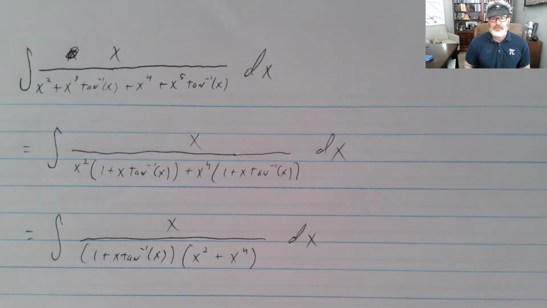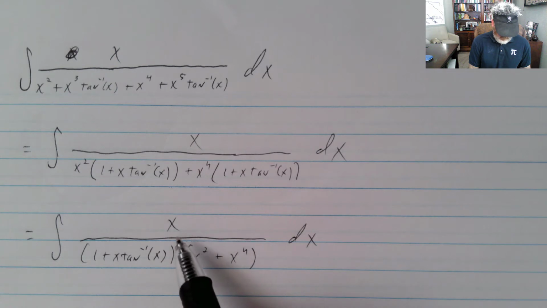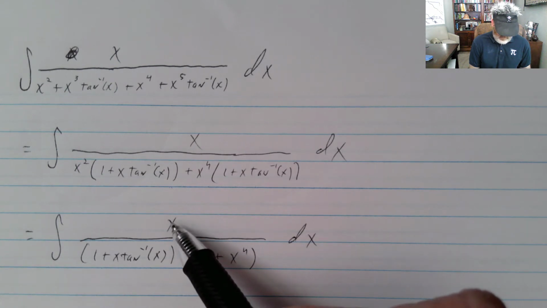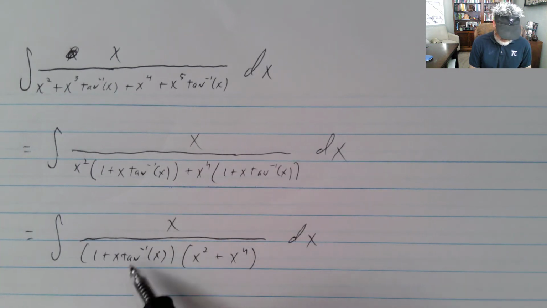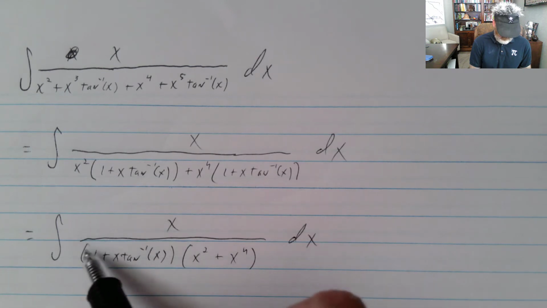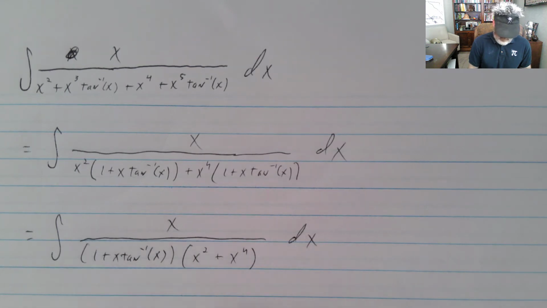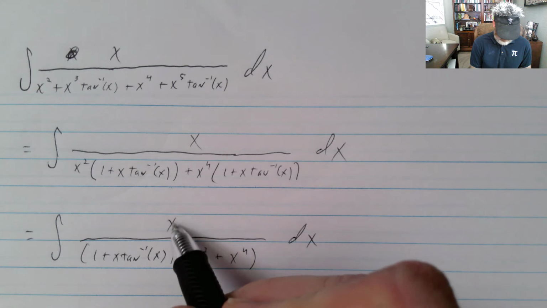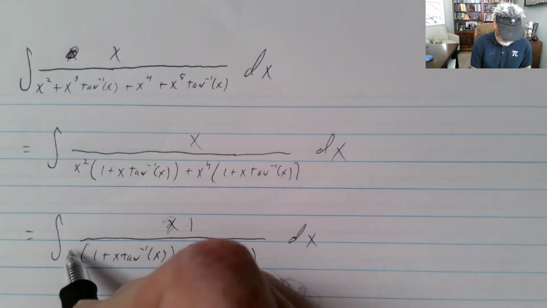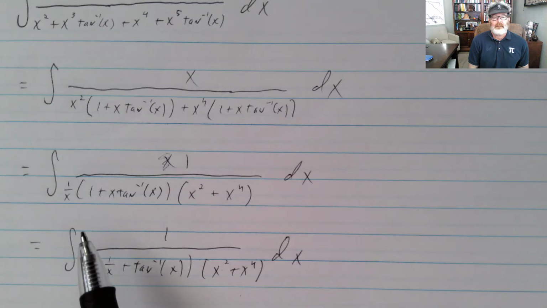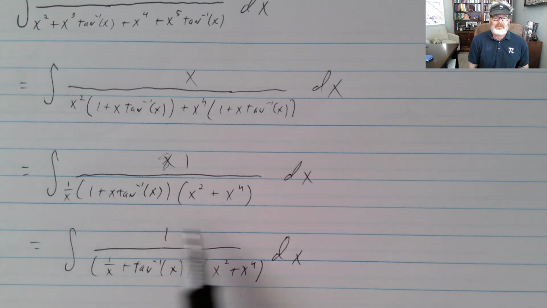So we're getting close to where we want to do our substitution. If you try u equal this, it won't quite work. So what I'll do is I'll bring this x in, like it's a 1 over x in the denominator. I'll go ahead and change it right here. So if I distribute the 1 over x, then I get this.